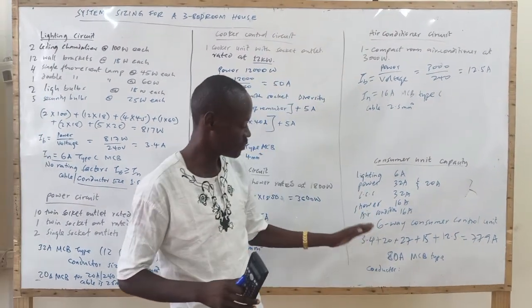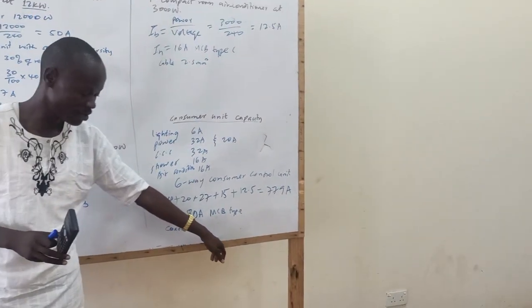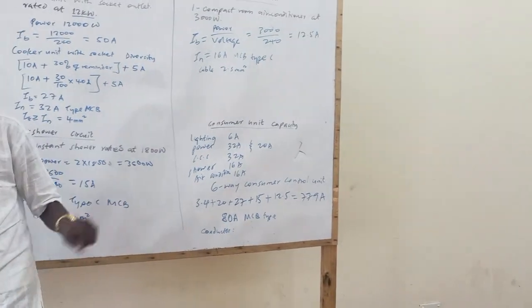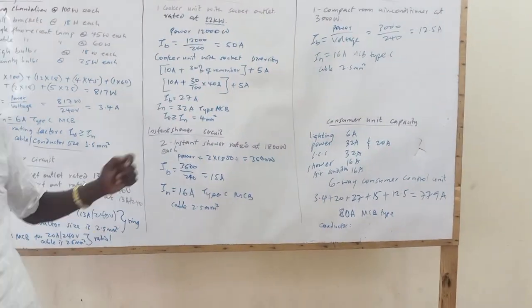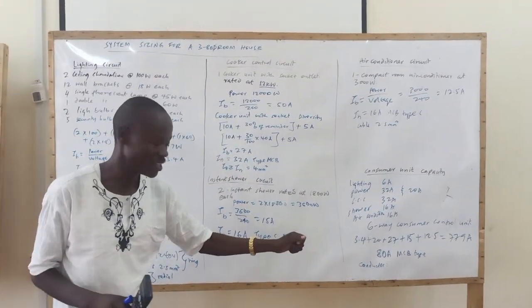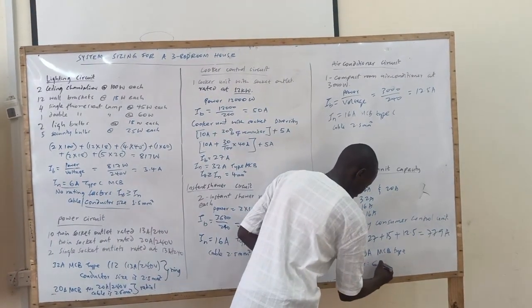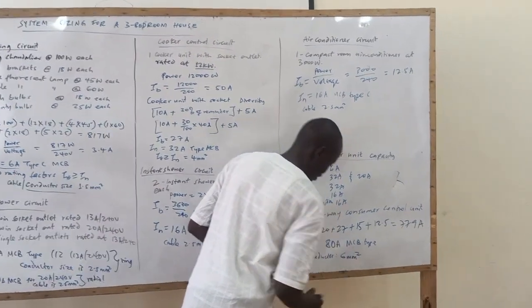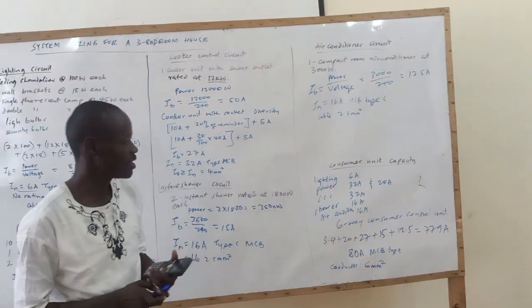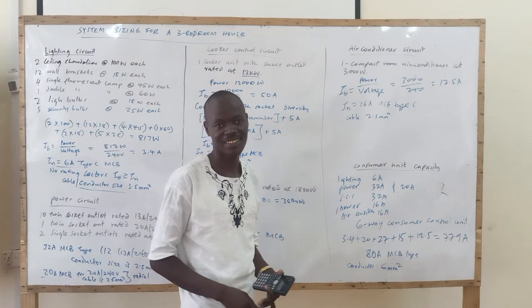So if you're in reference method A column, you're likely to get either 6.0 square millimeter, or if not that should be 10 millimeters. So that is the cable that will run from the meter box to the consumer unit. So get the cable. So for this case, let's use 6 millimeter for the sake of learning. So once you're done with this, you have done what we call sizing.